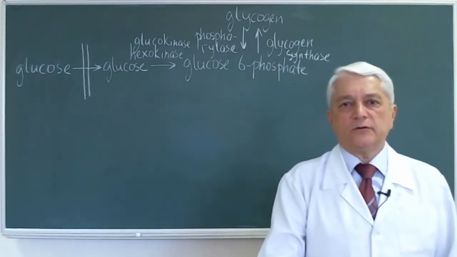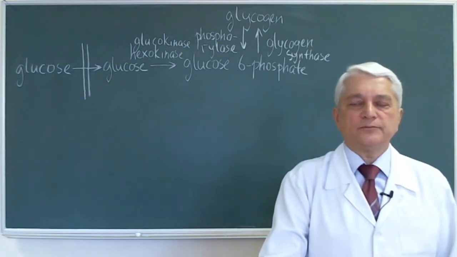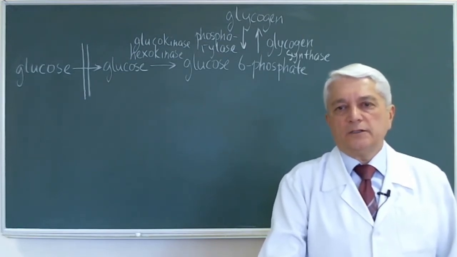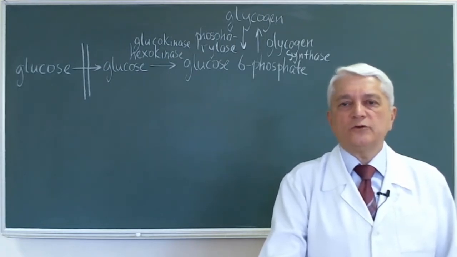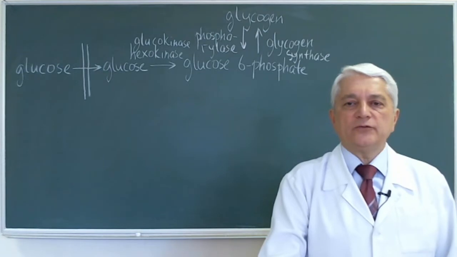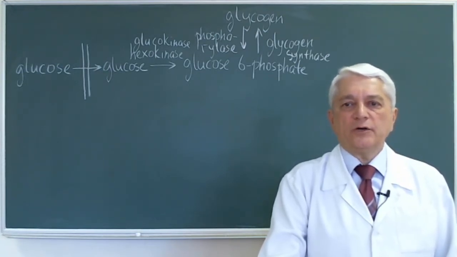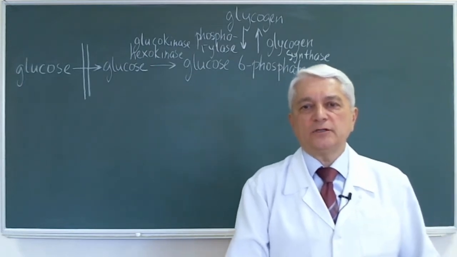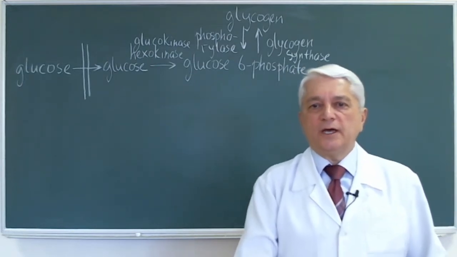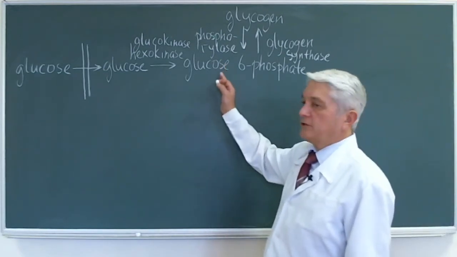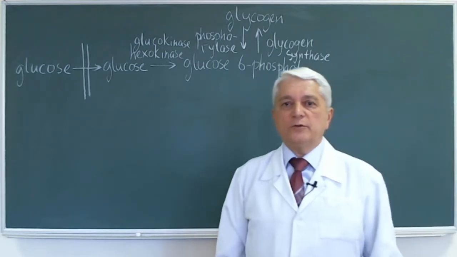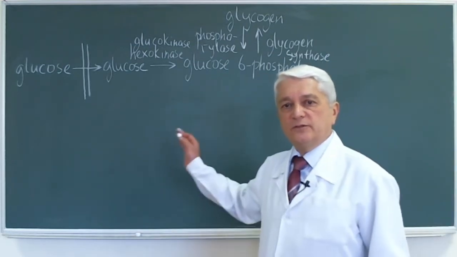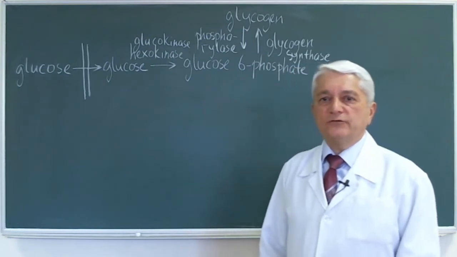The activity of phosphorylase depends on the influence of two important hormones, epinephrine and glucagon. When we need energy, our organism produces epinephrine and glucagon, and as a result we have activation of phosphorylase, and glycogen will be transformed to glucose 6-phosphate with the following glycolysis and receiving of energy.